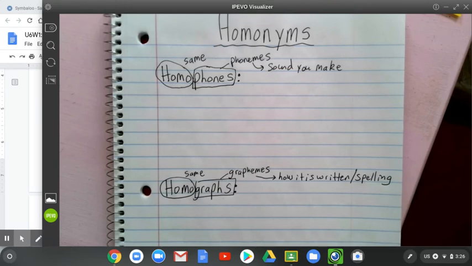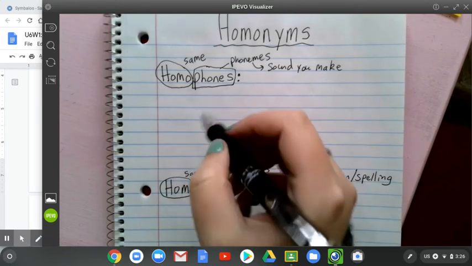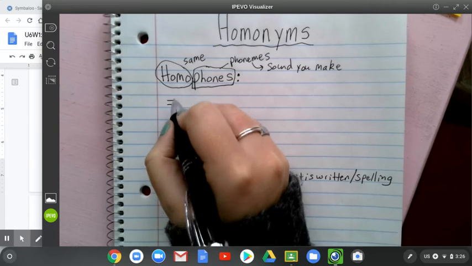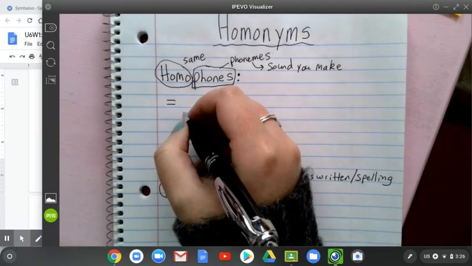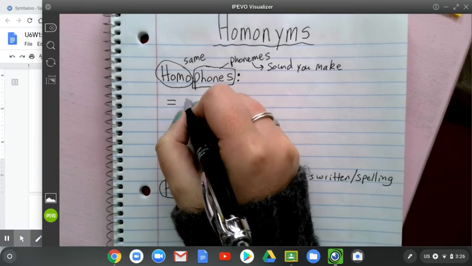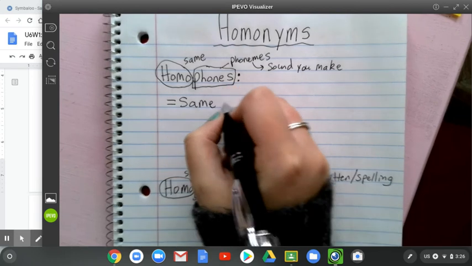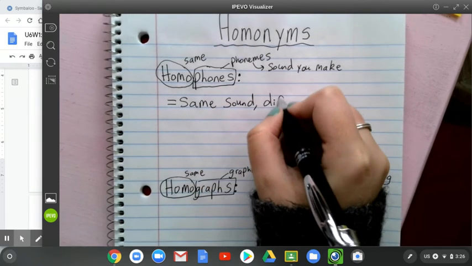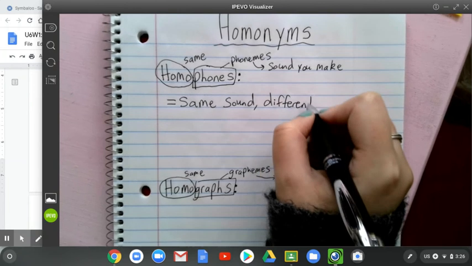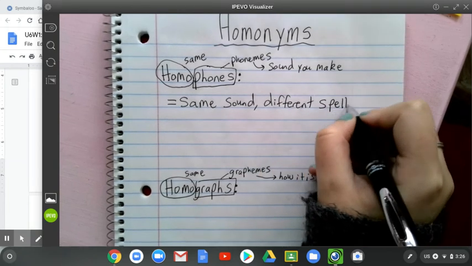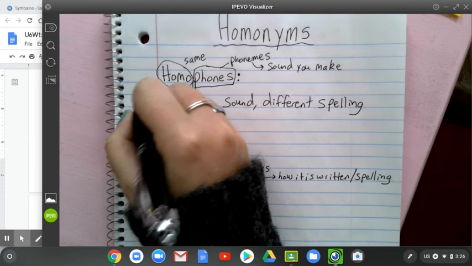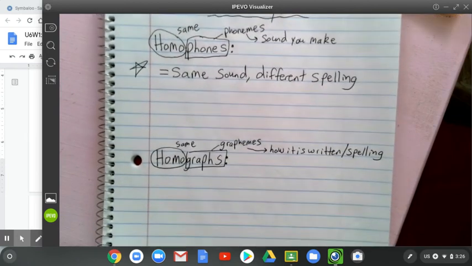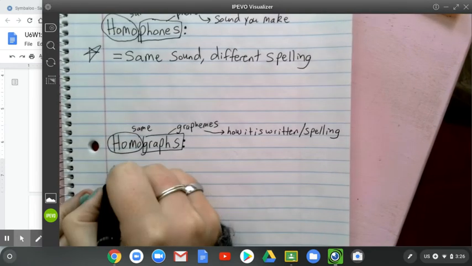Okay, so for example, homophones are the same sound. So if they have the same sound, they're going to have different spelling. Same sound, different spelling. That's what we're focusing on today. All right, so on the second part, let's think.